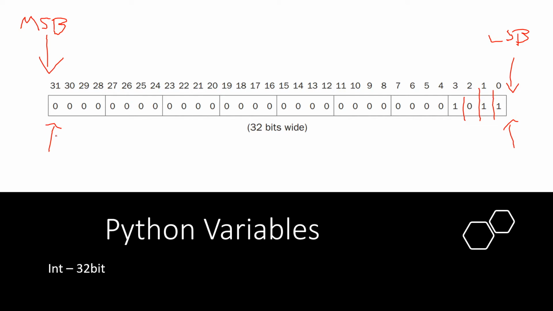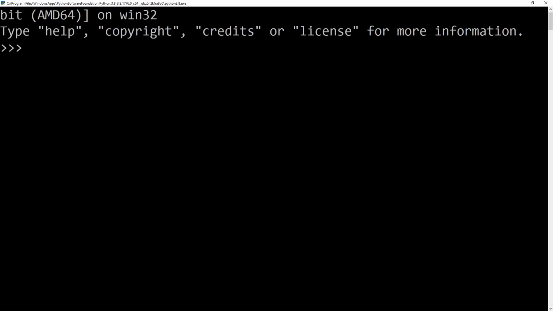So any number in Python can be represented by its binary equivalent. So this again is the number 11 that we've seen before, and so 11 in binary, as we can see, is represented by 1011. So let's go ahead and pull up Python. This is the Python basic executable for Windows. We can kind of just type commands in here.